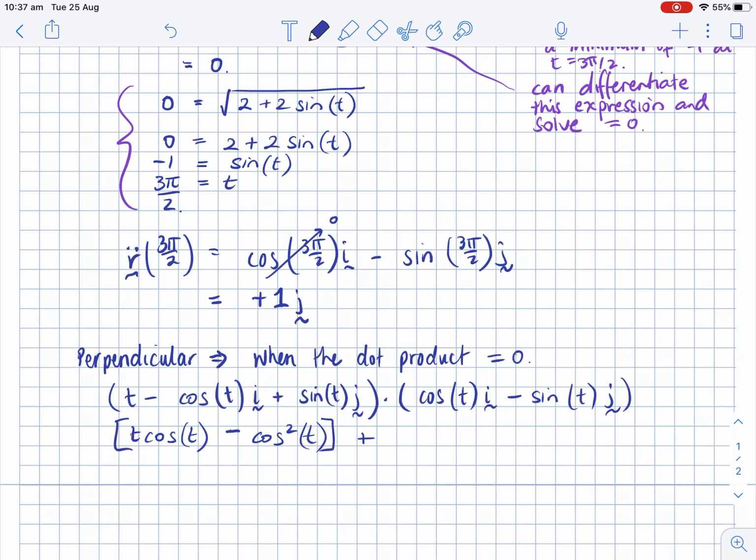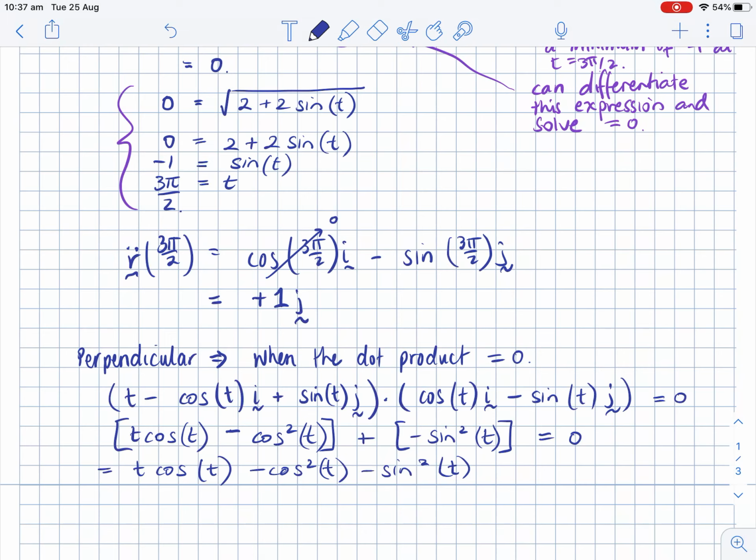And then add it to the j components multiplied together, which gives me plus negative sine squared t. And some rearranging here, we get t, and we want that to be equal to 0, because we want the dot product to be equal to 0 for them to be perpendicular. So we get t cos t minus cos squared t minus sine squared t.